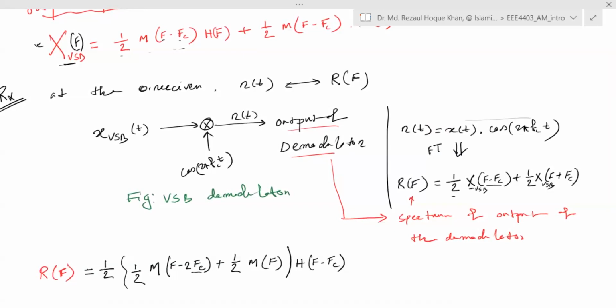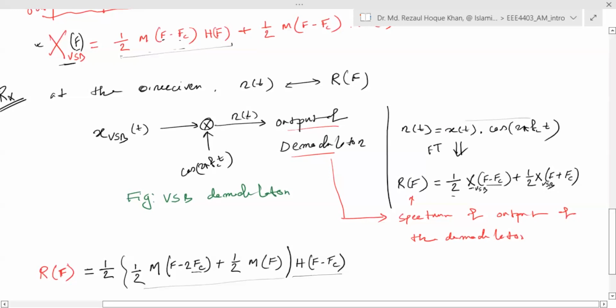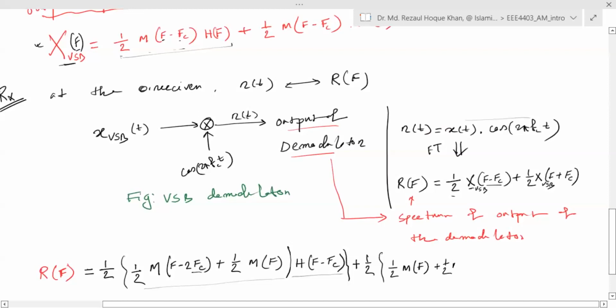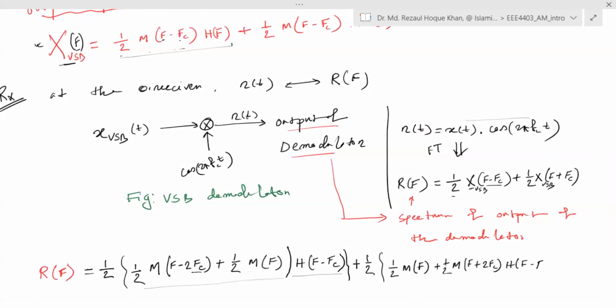And what is the other portion? So this is for this part only. Like this part is actually this part plus, we need to close the bracket, again half of half M F plus half of M F plus twice FC multiplied by the H F minus F. This was minus, so it will be plus FC, which is actually closing this equation.